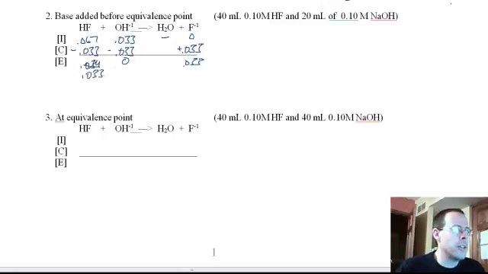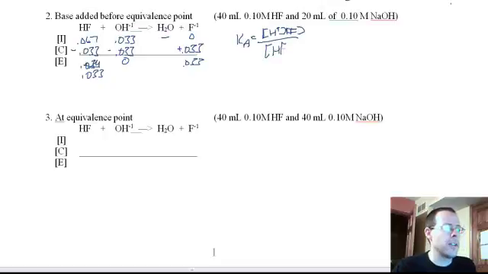But long and short of it is, even if it wasn't, our Ka expression, if we look at it again, is hydrogen ion times fluoride ion all over hydrogen fluoride, or hydrofluoric acid. And we have a couple values now.